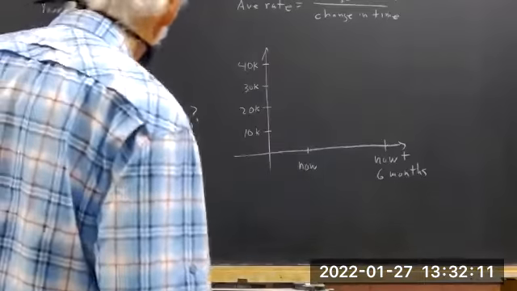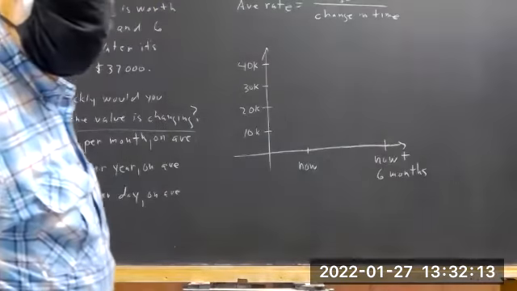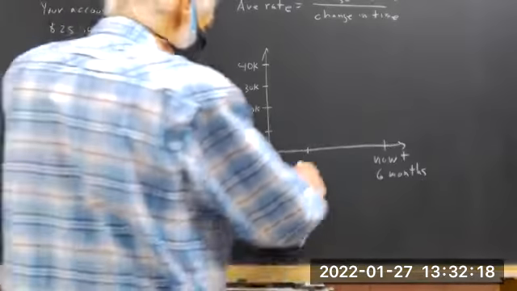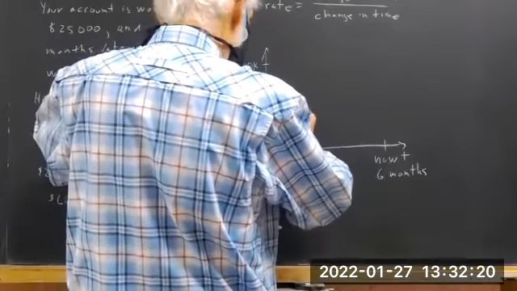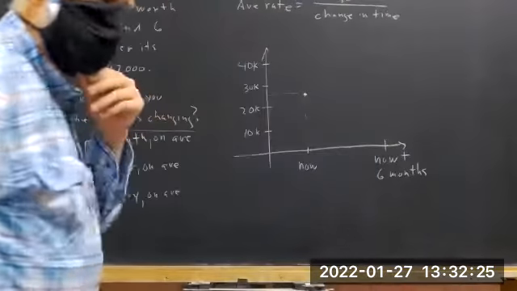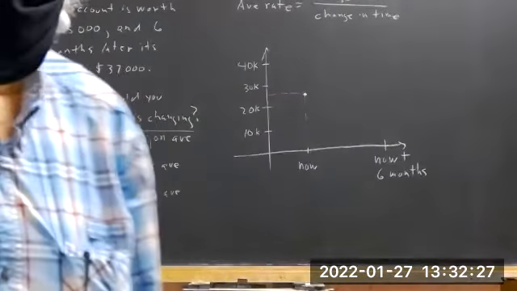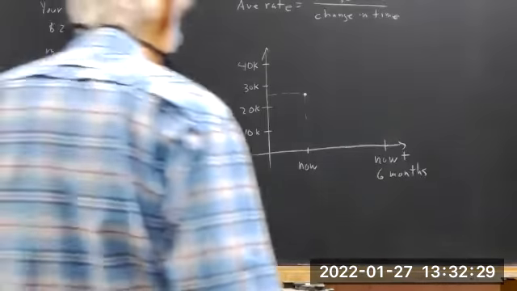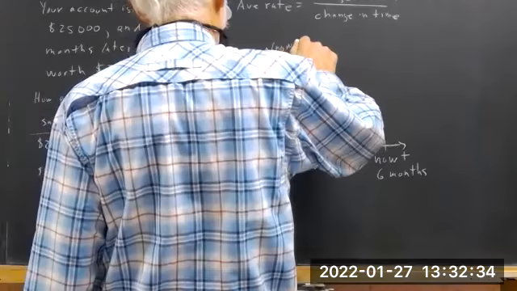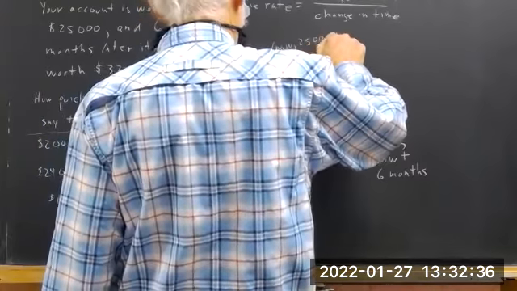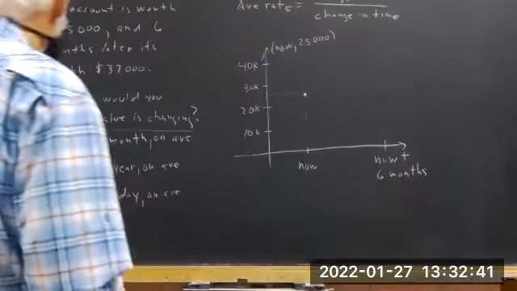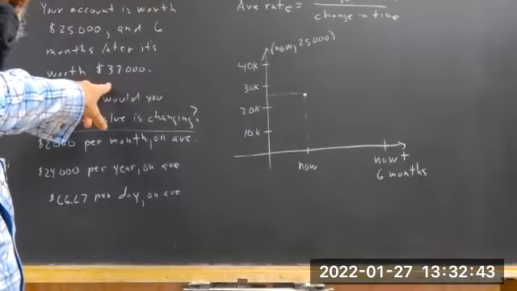Okay, so now I have $25,000. Well, 25,000 is halfway between 20,000 and 30,000. Now is here, so I can get the point here. And that's now 25,000. And then 6 months, I have 37,000, right?